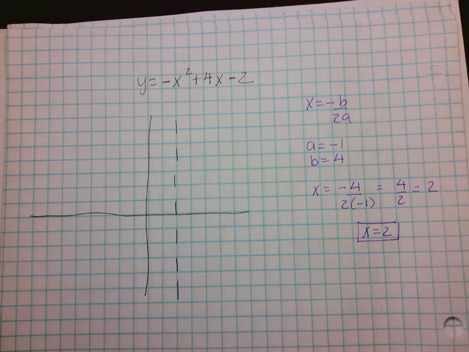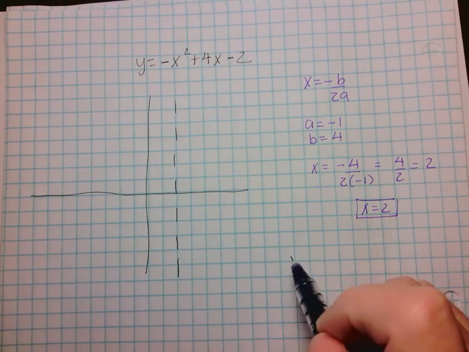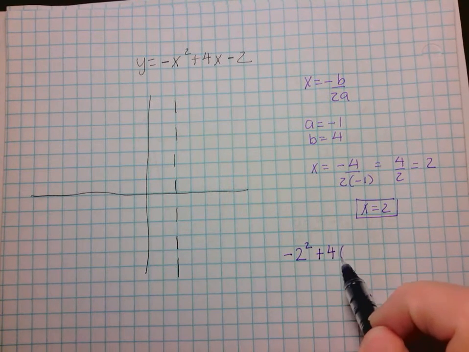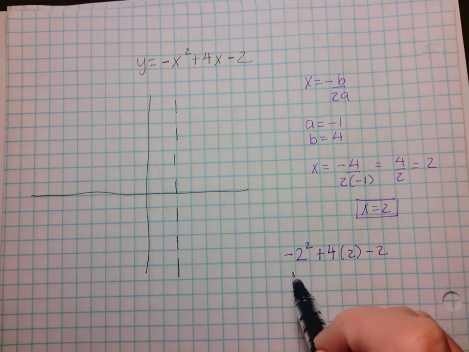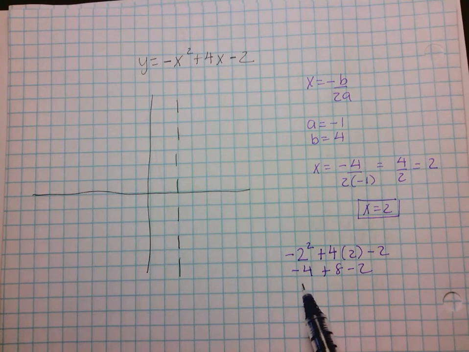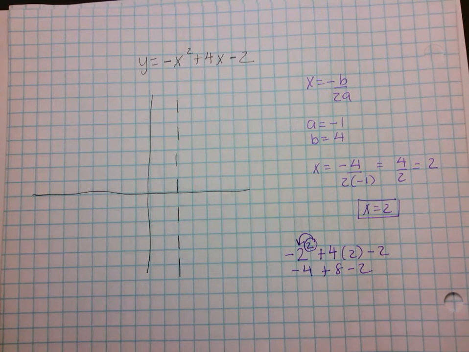Well, I know the x-coordinate of my vertex is at 2, so now let me figure out what is the y-coordinate of my vertex? Remember, this right here is negative 4 because this 2 here only goes to the value of x. That's squared.